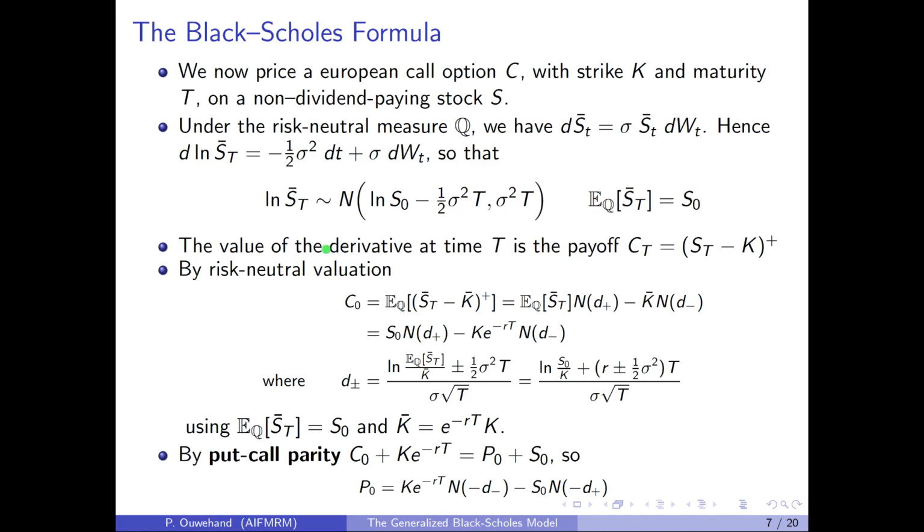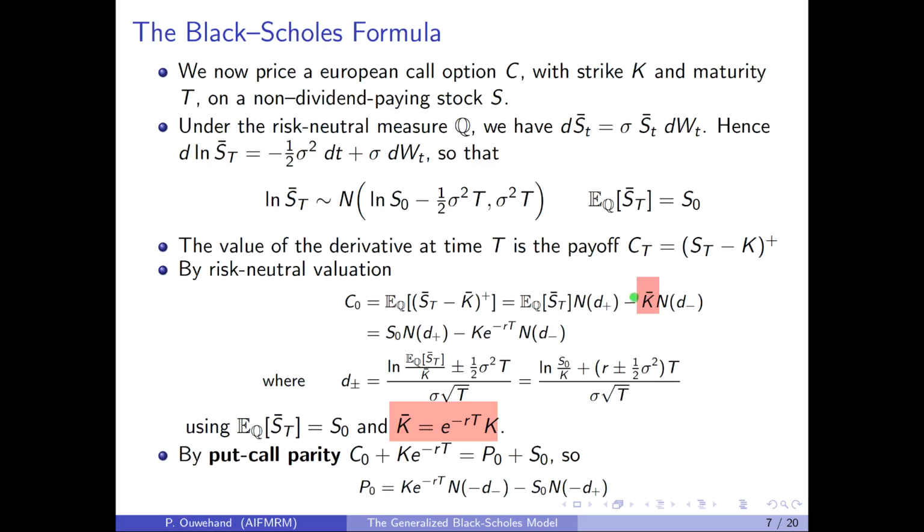The payoff of the derivative, in other words its value at the terminal time, is simply (S_T minus K) plus. According to the risk neutral valuation formula, the initial value of the call, C0, is simply the expectation of the discounted payoff. Here we've discounted both the terminal stock price as well as the strike price. Using the log-normal formula, we obtain the following.